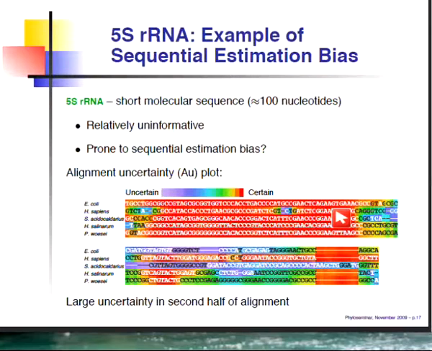A 5S RNA sequence is about 100 nucleotides, and most evolutionary biologists would say that it is relatively uninformative. So if you were to reconstruct a tree from these sequences, you should get no information about the tree. The question is, we should get no information, but if we use a sequential approach, maybe we get really strong information for the wrong answer.